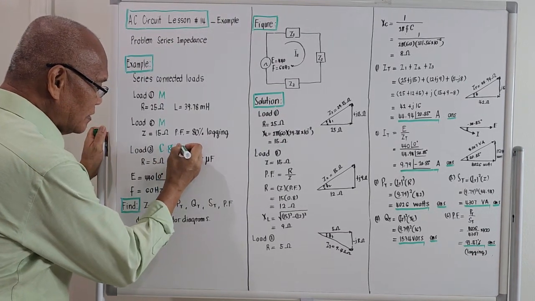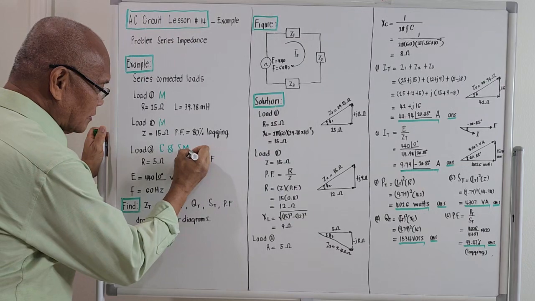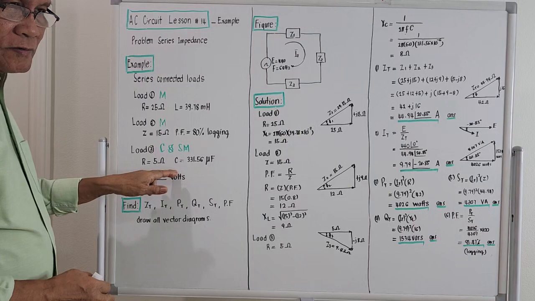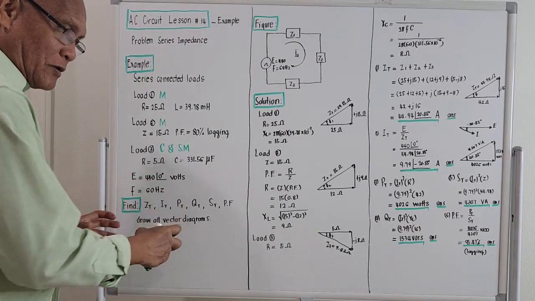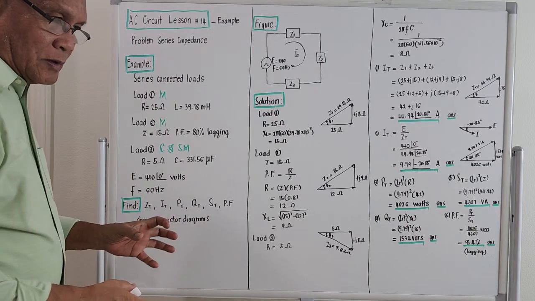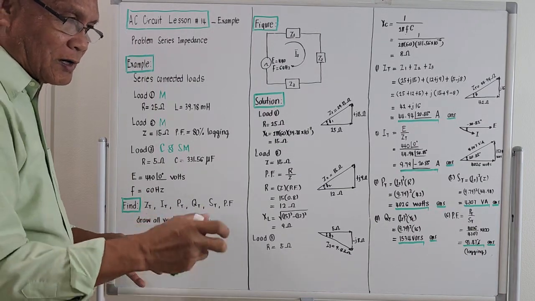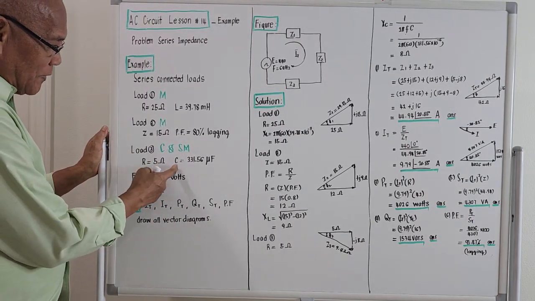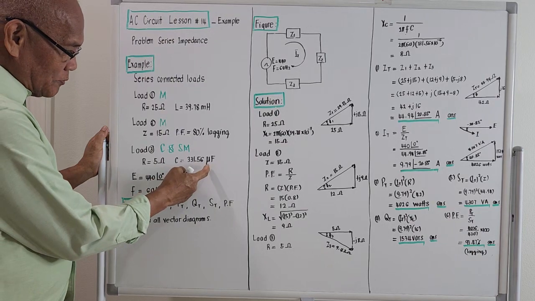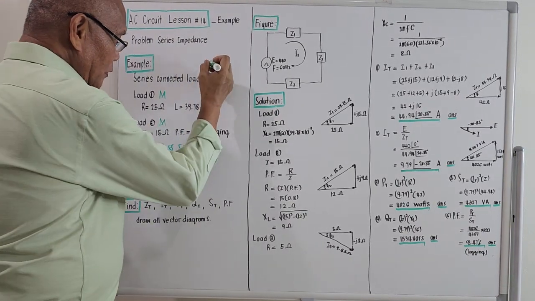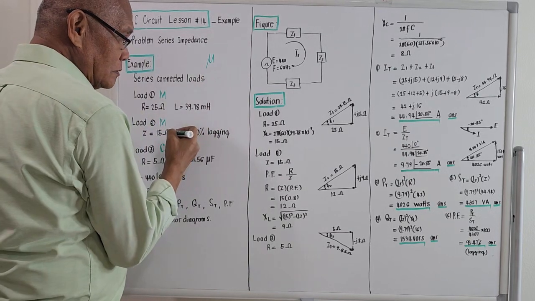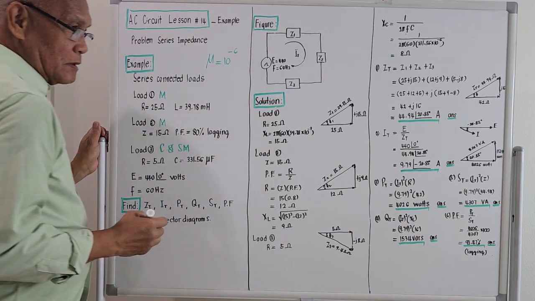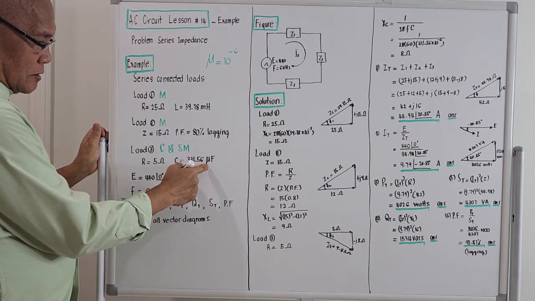Because we are given the value of the capacitance, it could be a pure capacitor or an overexcited synchronous motor acting like a capacitor. The symbol for micro is 10 to the negative 6, so this one is a microfarad.